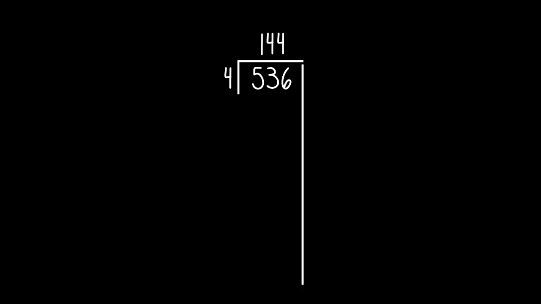Now, let's try one on your own, just to make sure you've got it. 536 divided by 4. Write it down and press pause while you work on it, because the answer's next. The answer is 144.